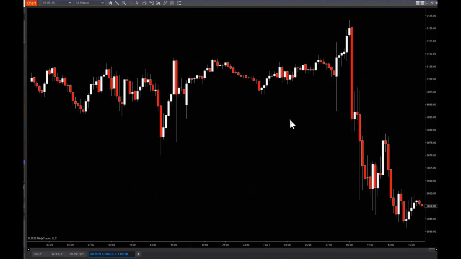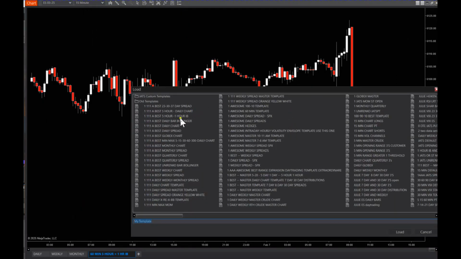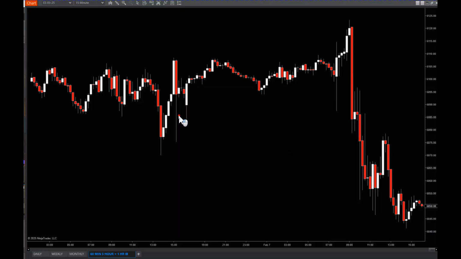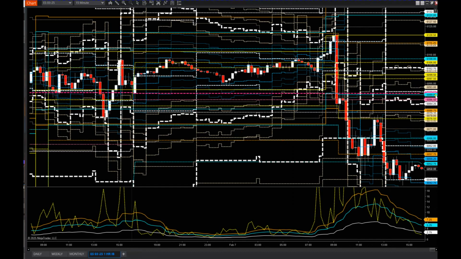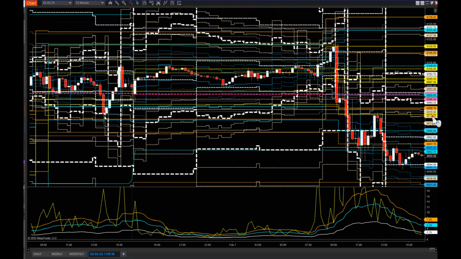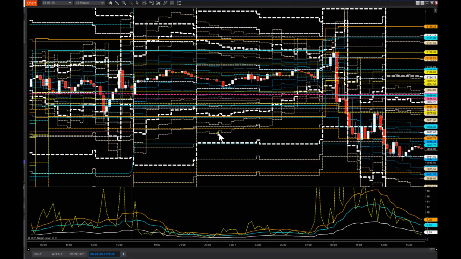I have a template, and I'm going to add the 1 hour IB to this, but here's your 60-minute 5 hour, and you can see that it trades 1.5 times the 60-minute range or the 1.5 times to the 5 hour range frequently as good levels for intraday trading.